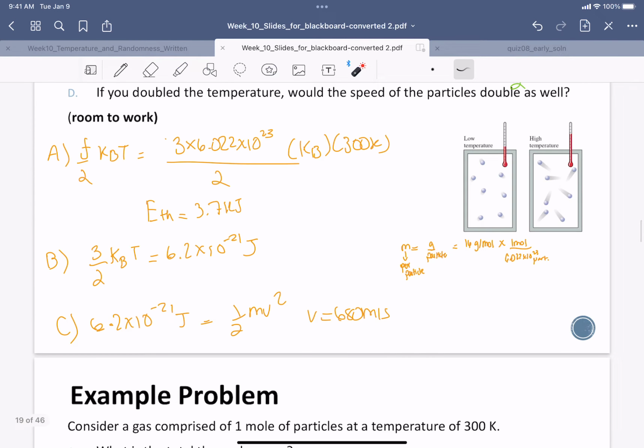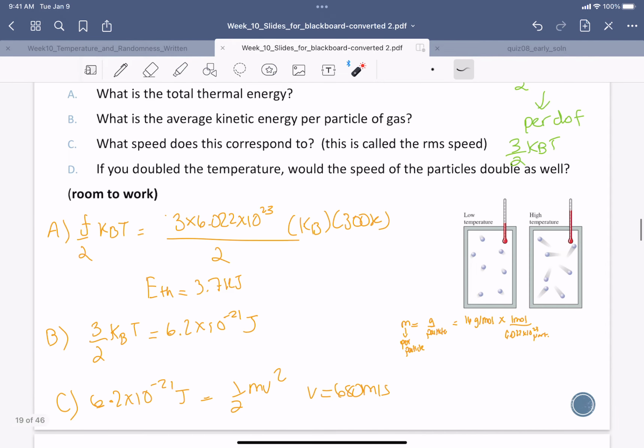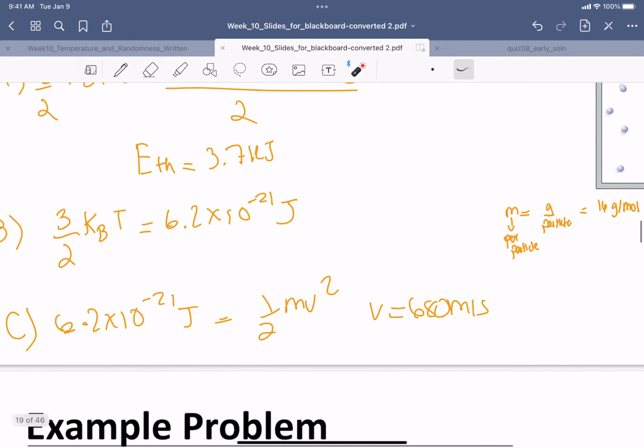Let me check that real quick. No, that's not it. They were looking for mass per particle. My bad. We know 16 grams per mole, and we can divide that by Avogadro's number to get the grams per particle.